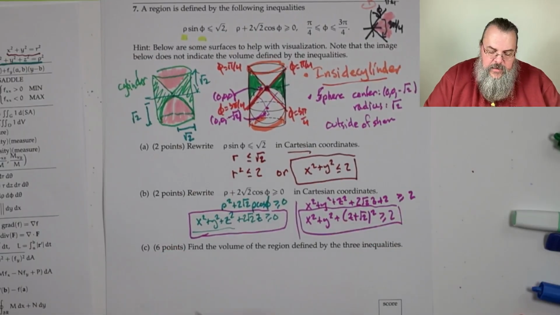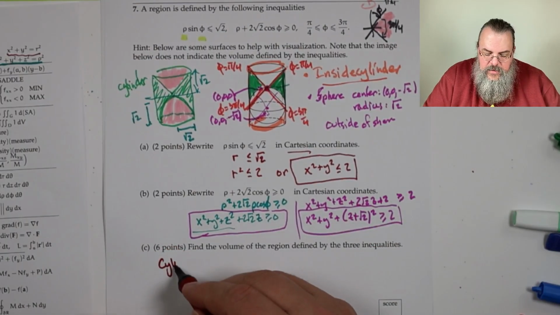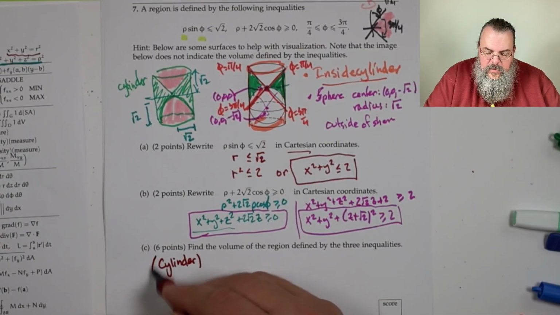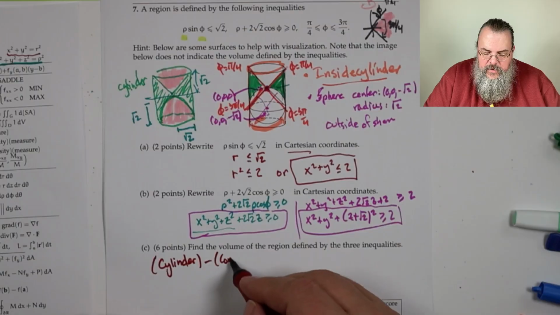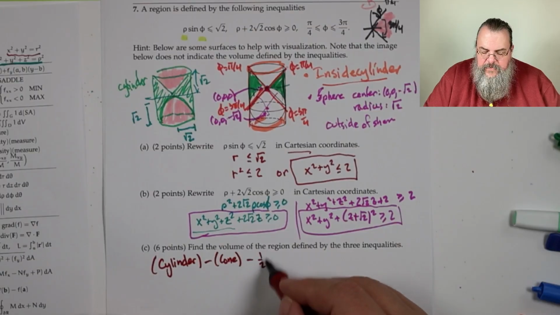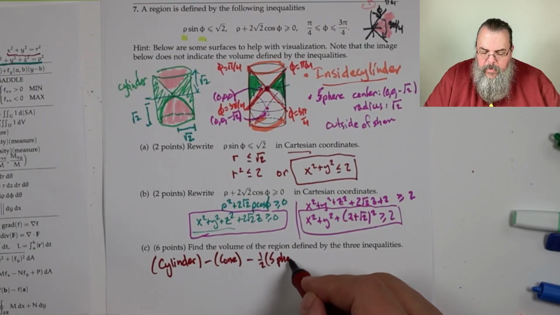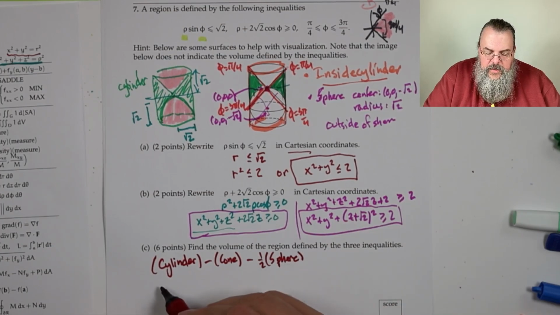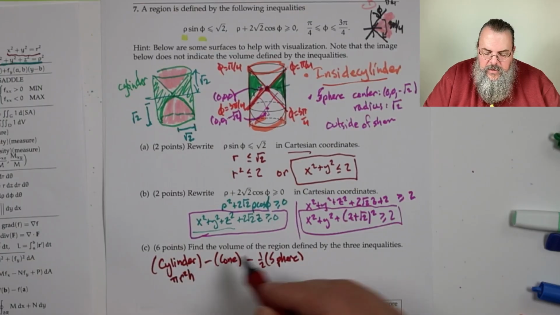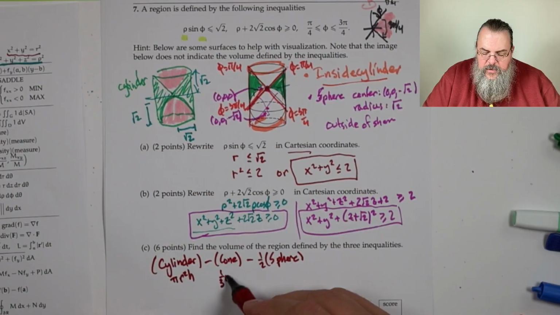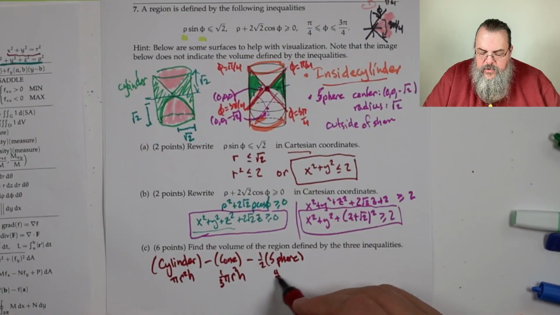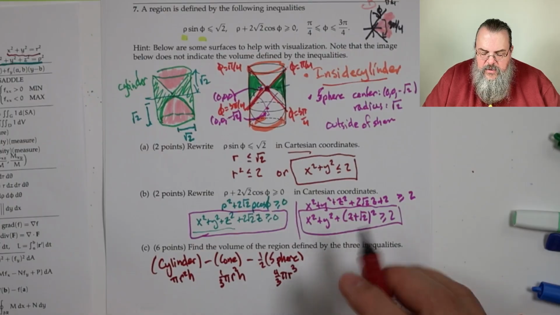So we're going to take our cylinder, subtract our cone, subtract half a sphere. So our cylinder, the formula for that, well, I'll write them down. Pi r squared h, 1/3 pi r squared h, and this is 4/3 pi r cubed.